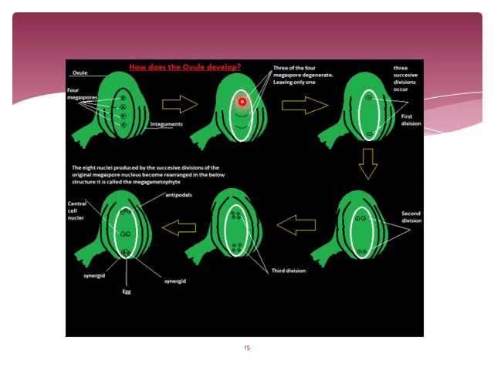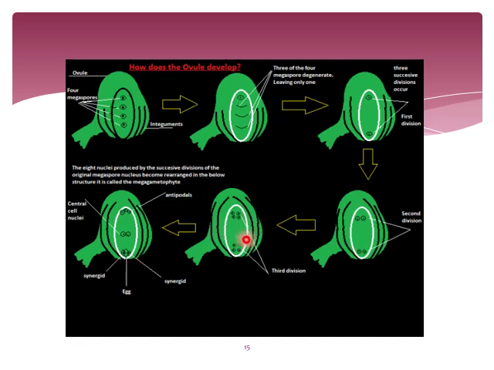megaspore. This single megaspore divides further and forms two spores, and in the next division two form four, and in the next third division these four cells form 8 nuclei.